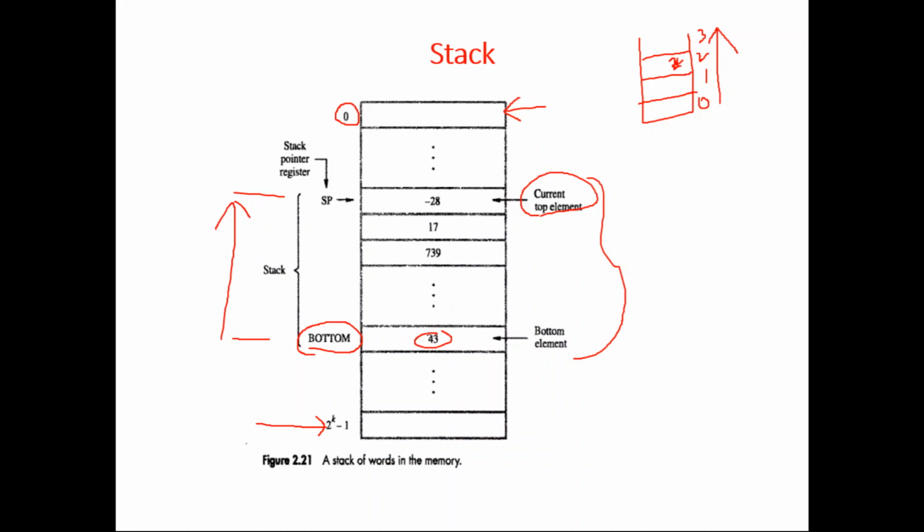Initially when the stack is empty, the bottommost position is the top of the stack, so the first value is pushed there, then the next, then the next. But with respect to address, the address is decreasing from bottom to top. So we should be clear on this, because this is how it really happens in memory.